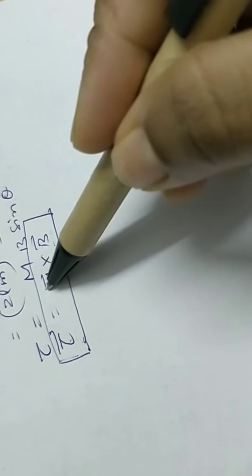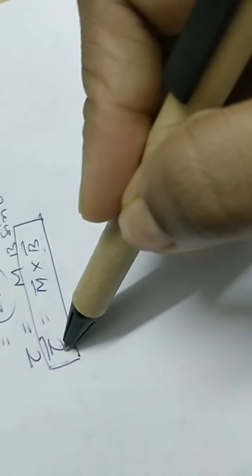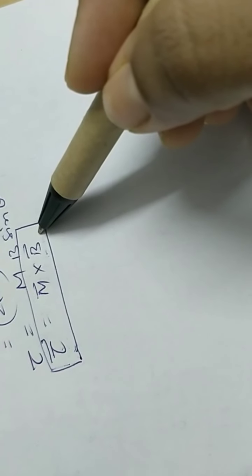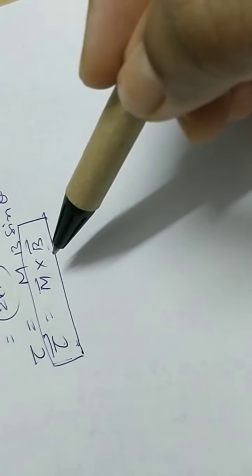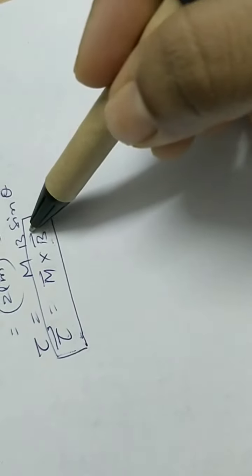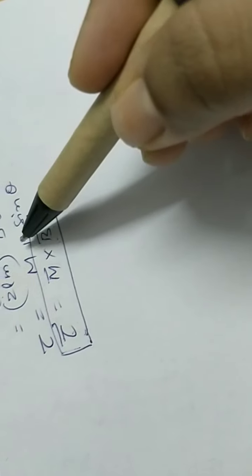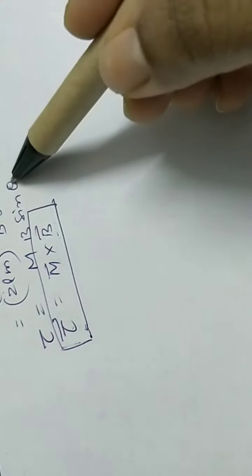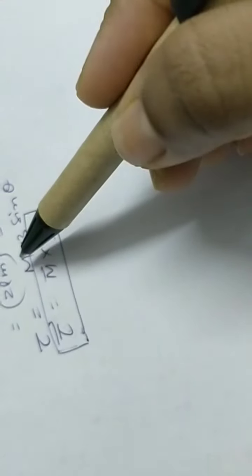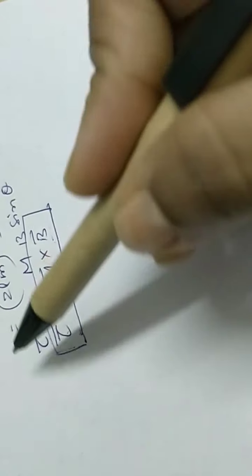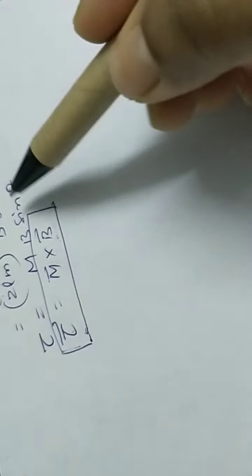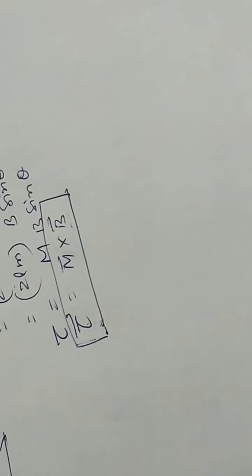But another way of defining the magnetic dipole moment is that it is the torque acting on the dipole held perpendicular to the magnetic field in a uniform magnetic field. If B is 1 Tesla and these two are perpendicular to each other, then sin 90 is 1. So it is the torque acting on a dipole held perpendicular to a magnetic field of unit strength.